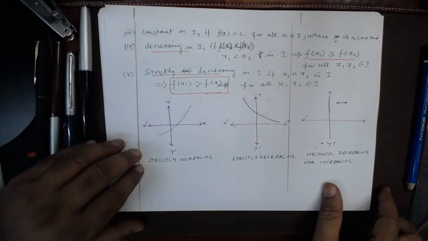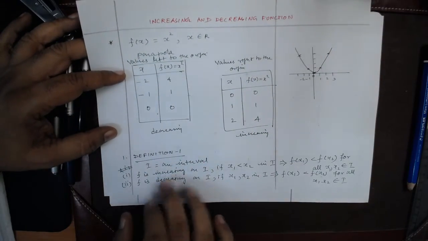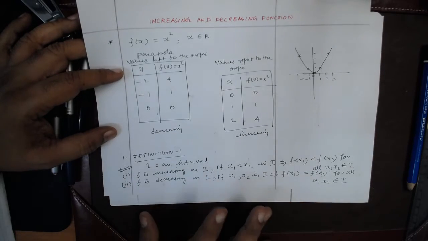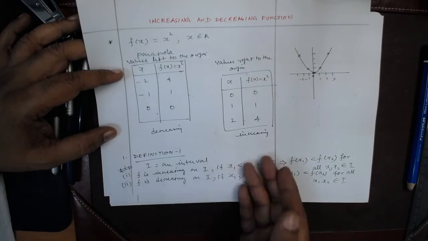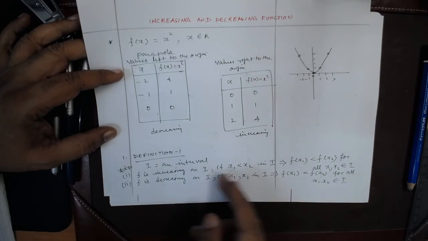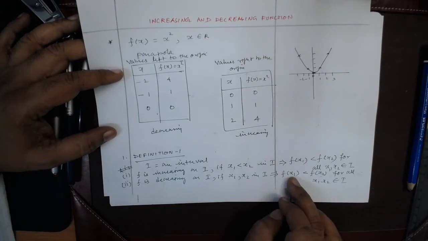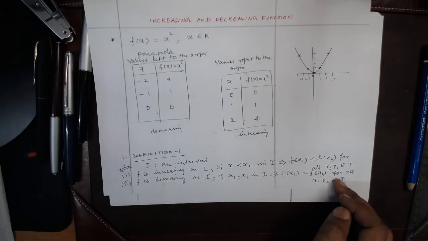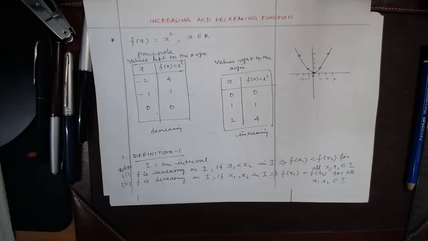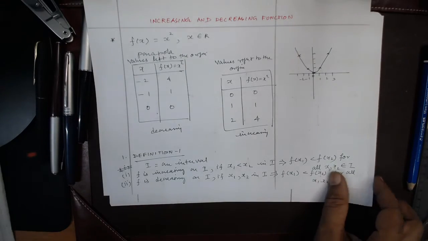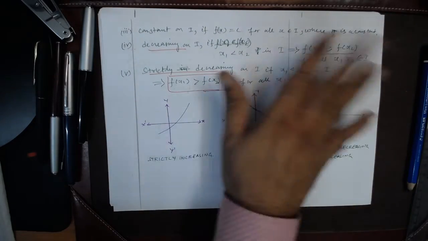Next, definition 2. So far we have discussed definition 1. Here we have taken I as an interval. Function f is increasing on that interval if x1 is less than x2 means f of x1 will be less than f of x2, and decreasing means, similarly, f of x1 is greater than f of x2, where both belong to I. The third one is the constant function.